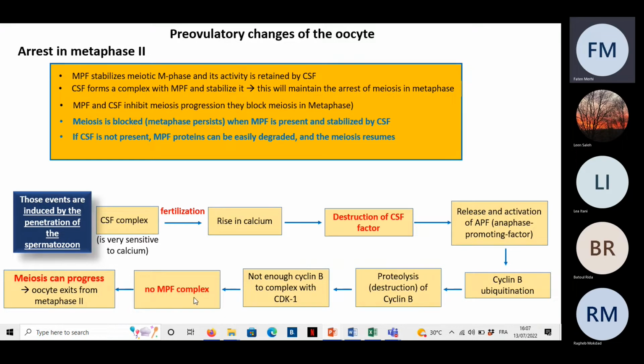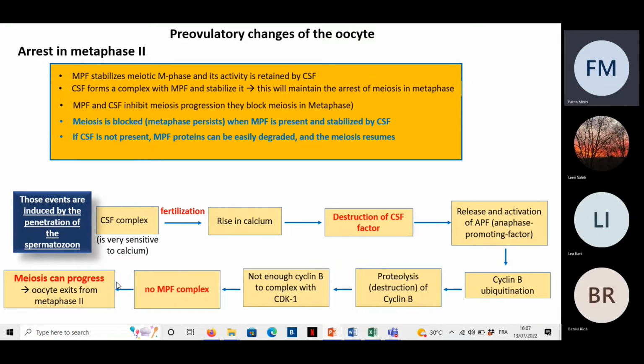Okay, and in the absence of the MPF complex, the cells can exit the metaphase 2, and the meiosis 2 can progress and will be resumed. And this is why, as a consequence of the fertilization, the cells can exit the metaphase 2, and this is why it's only after the fertilization that the cells can resume the meiosis 2 blocked in the metaphase 2.